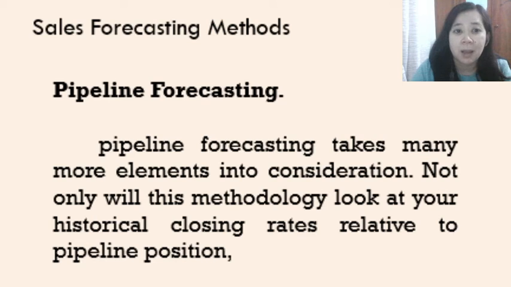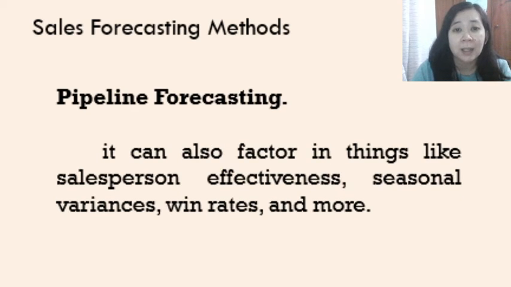Not only does this methodology look at your historical closing rates relative to the pipeline position, it can also factor in things like salesperson effectiveness, seasonal variances, win rates, and more.